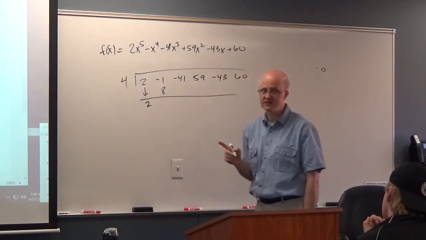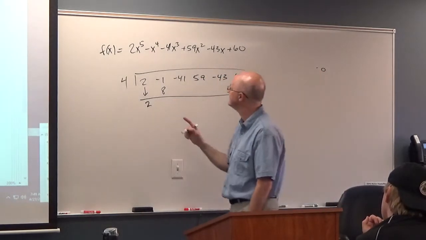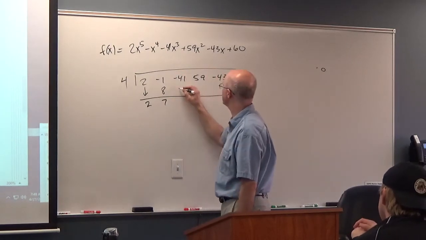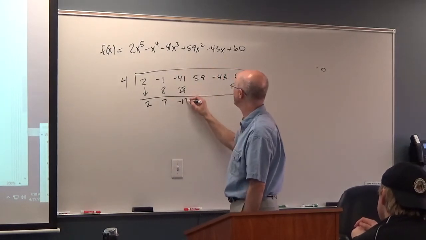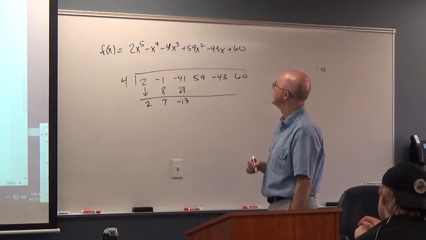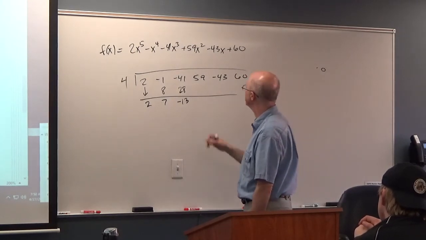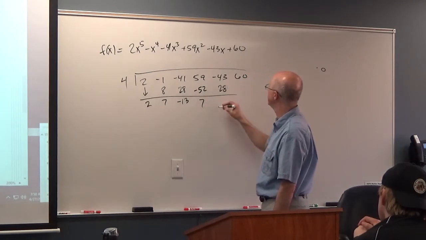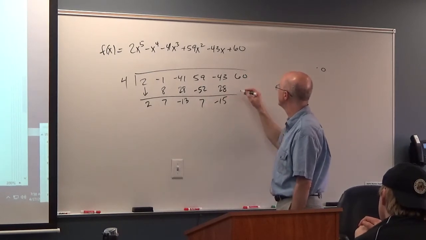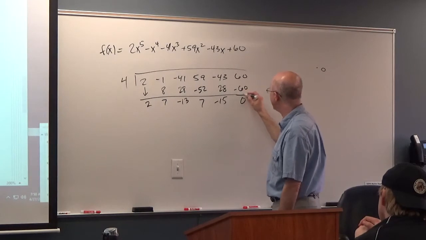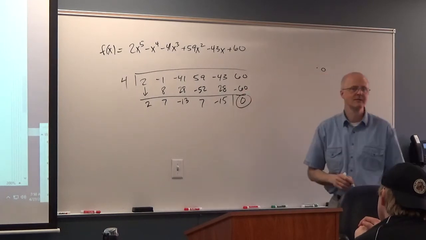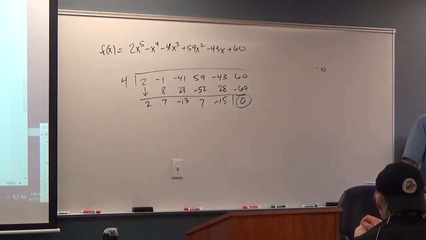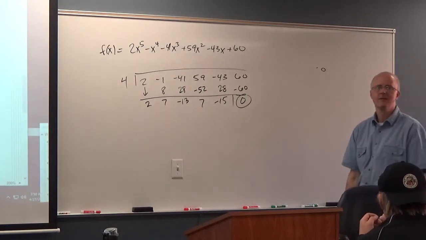Add, remember with synthetic division you add, you don't subtract. 8 plus negative 1 is 7. 4 times 7 is 28. Add, negative 13. 4 times negative 13 is negative 52. Add, multiply, add, multiply, add. Yay, we got a 0. The remainder is 0. That tells me x minus 4 is a factor, 4 is a 0.